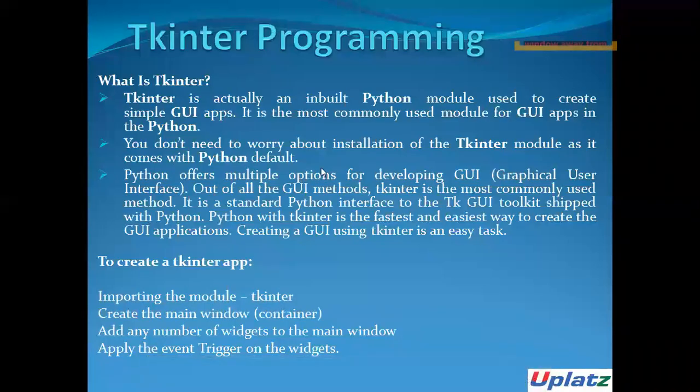So tkinter is the most commonly used library for developing GUI in Python. It is a standard Python interface to the TK GUI toolkit shipped with Python. It's cross-platform, so the same code works on Windows, Mac OS, and Linux.